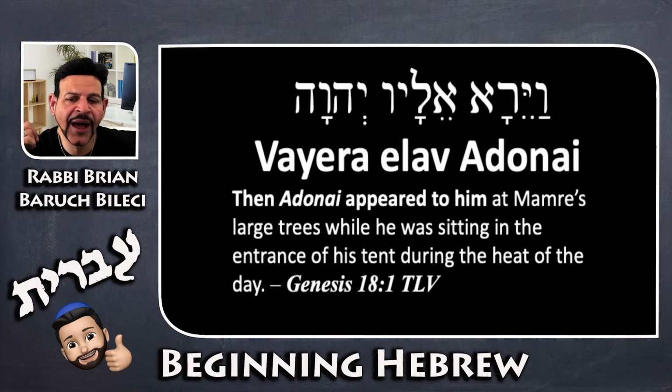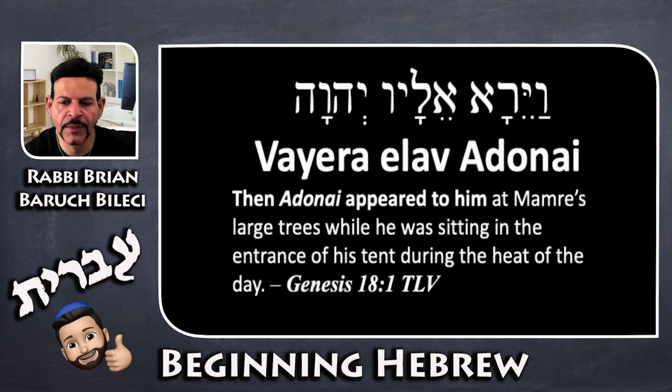Vayera elav Adonai. And that would be the line here in the Tree of Life version: Then Adonai appeared to him. So Vayera, made visible, made able to be seen, is really appeared to him, or made visible to him.